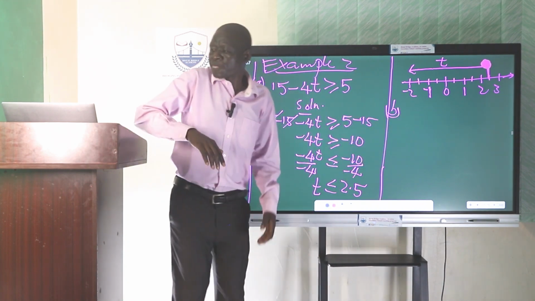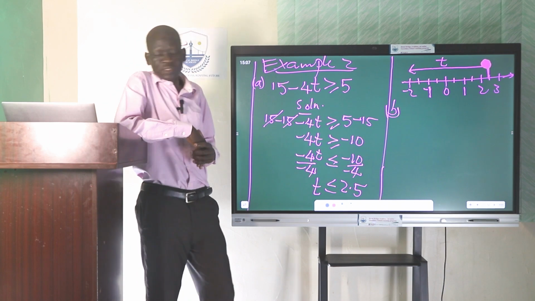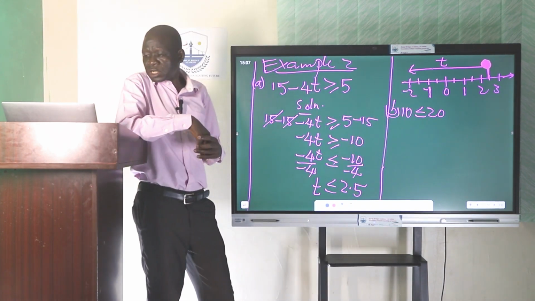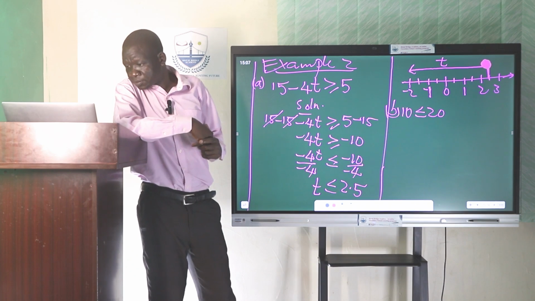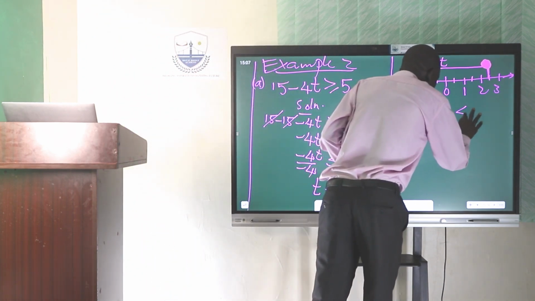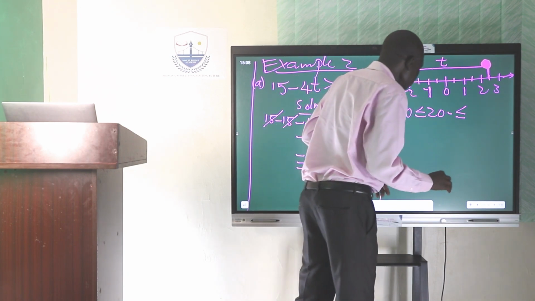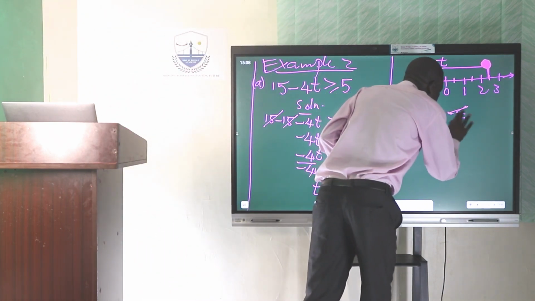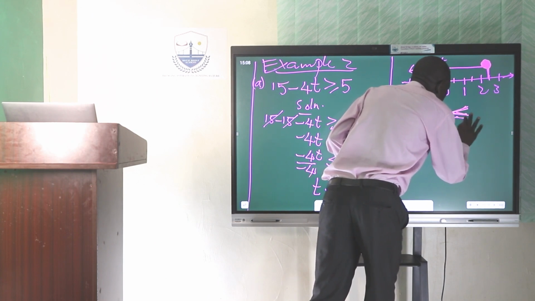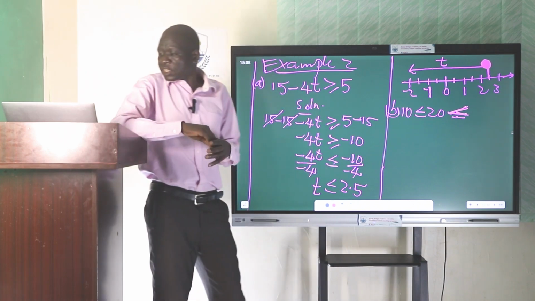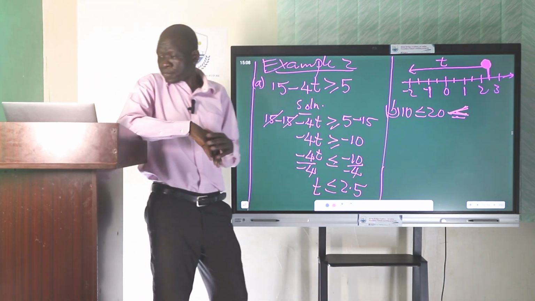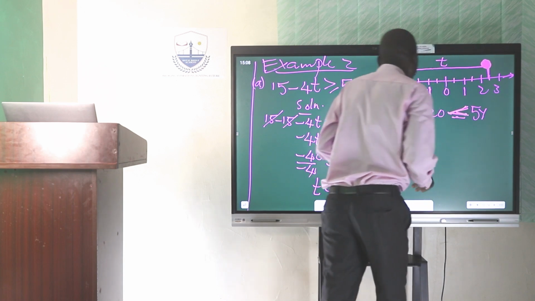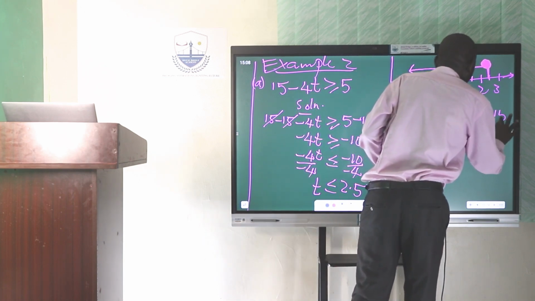Part B, we have 10 is less or equal to 20 minus 5y minus 15.